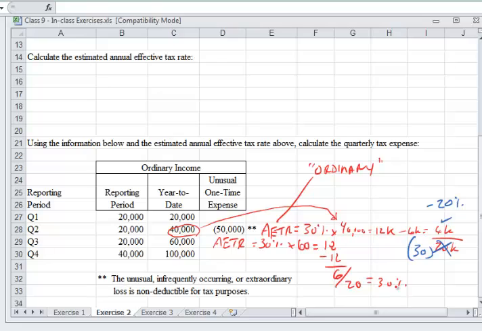There isn't the catch-up effect like we had with the change in the forecast in the earliest part of class. If there's a discrete item, the effect of that discrete item gets booked discretely in the quarter and doesn't reflect a correction for the past or some kind of catch-up or anything like that. Everything that relates to that item gets booked in the quarter. Doesn't affect the future.